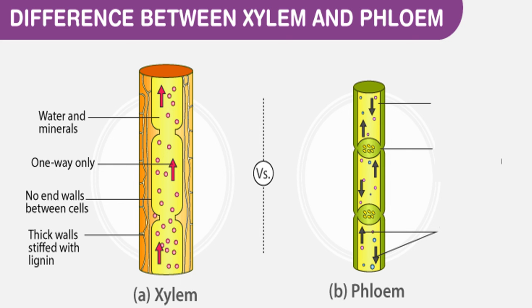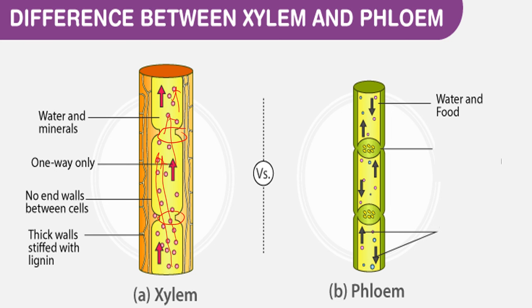The xylem is a combination of dead cells piled on top of each other. And because it is a dead cell, it doesn't contain a nucleus, and also it doesn't contain cytoplasm. Because of this, there is an opening in between the cells in order to allow water to flow easier from the root up to the leaf.